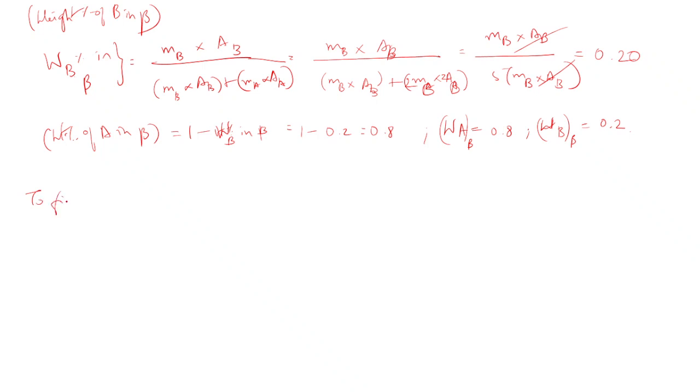To find the composition of x, or alpha plus beta, we use the lever rule.